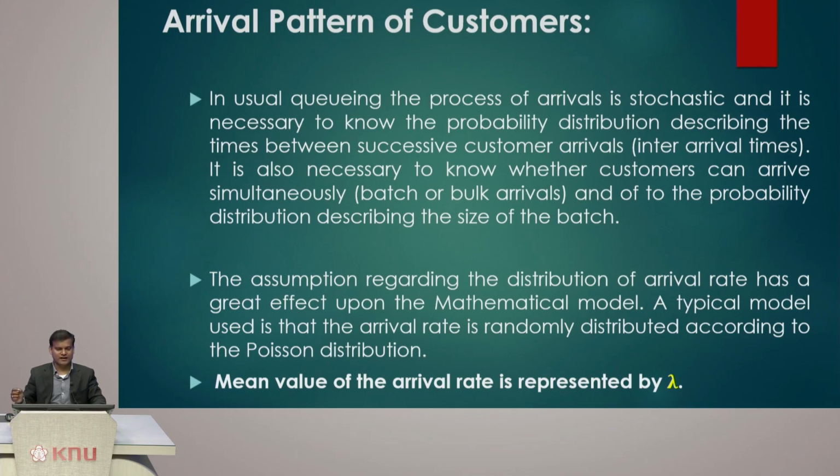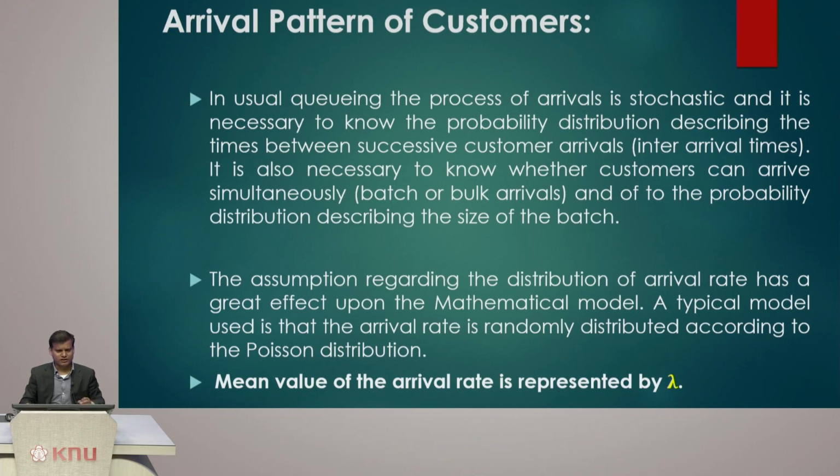So, this is the arrival rate of the customers. It is also necessary to know whether customers can arrive simultaneously, like bulk arrival. Anyway, we have to assume a certain probability distribution that could describe the arrival pattern of the customers.